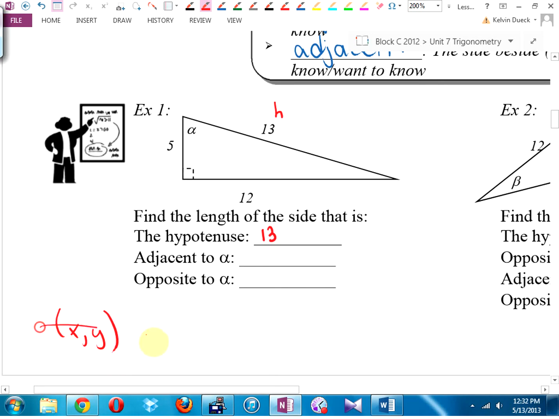Well, in trig, it's traditional, if you're talking about an angle, to use Greek letters. And the Greek letters that we use are alpha, which is a fish, sort of. It's where our letter A comes from. You can write this down if you want to.